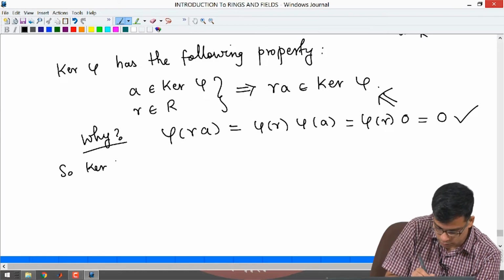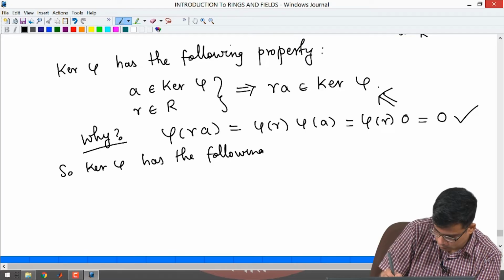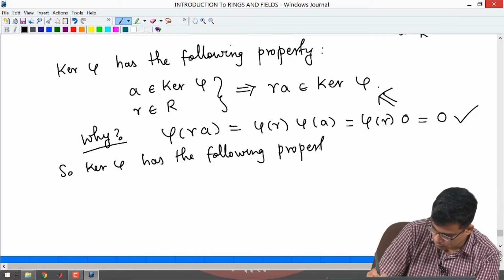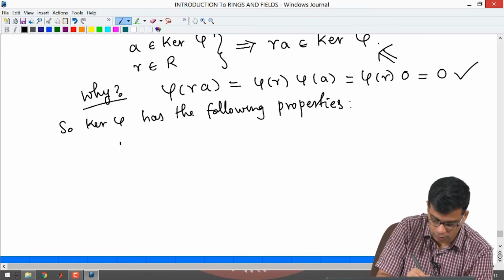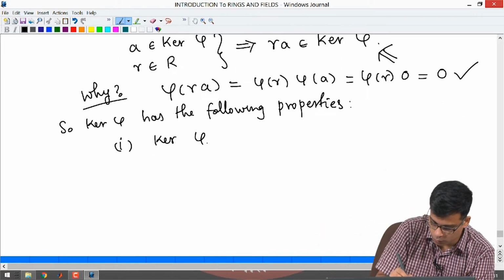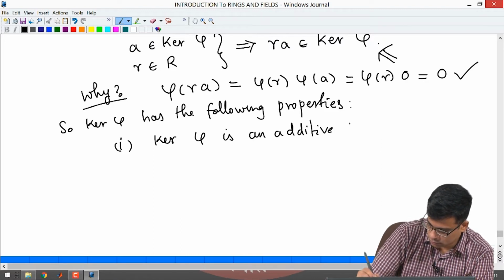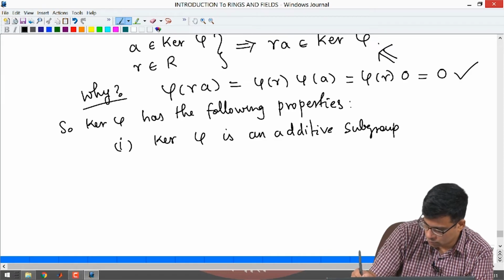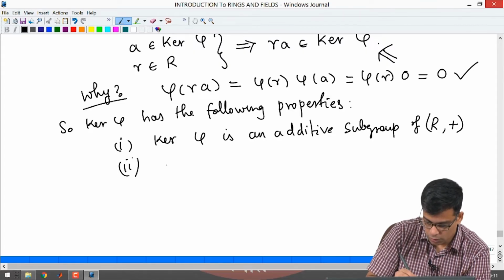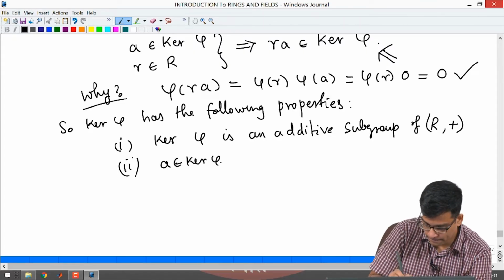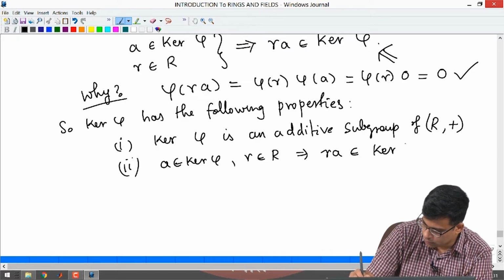One, it is an additive subgroup of R plus, and two, if A is in the kernel and R is in the ring, the product is in the kernel.